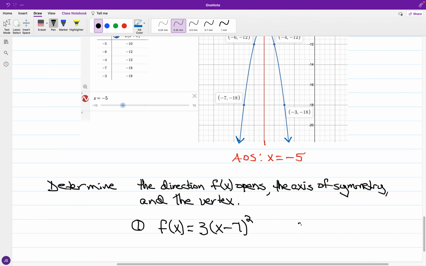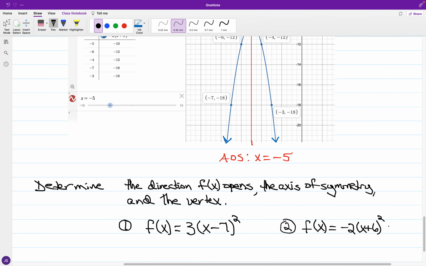And also with our other function, f of x is equal to -2 times the square of x plus 6, plus 25. So no graphing necessary. Just determine the direction that f of x opens, the axis of symmetry, as well as the vertex. We'll discuss in just a few moments.